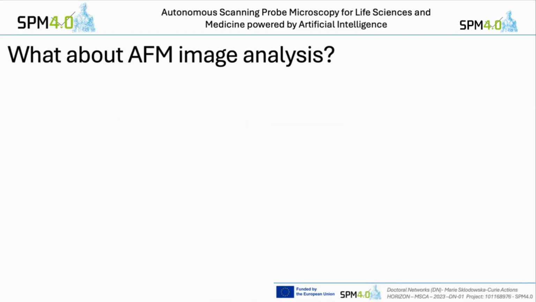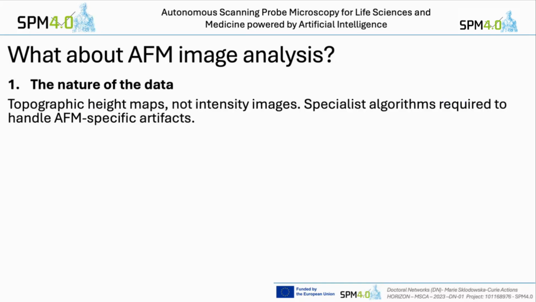But what about AFM image analysis? It is quite different to standard microscopy. Generally, with a standard microscopy image, you would get an image format file, such as a PNG or a TIFF. But AFM data is very different in how it looks.